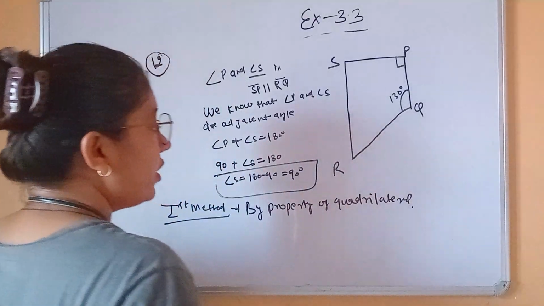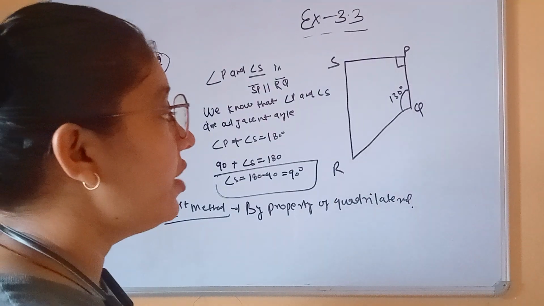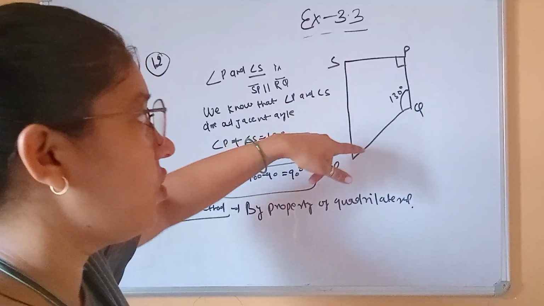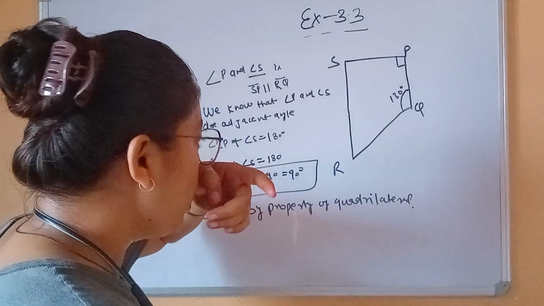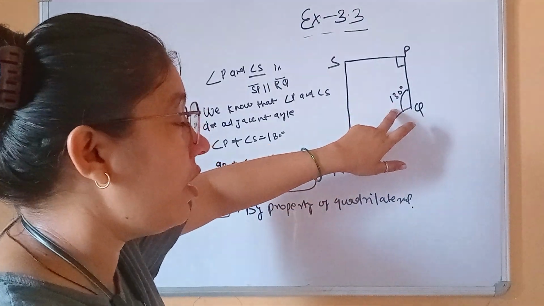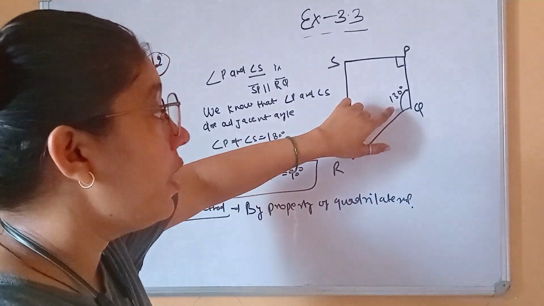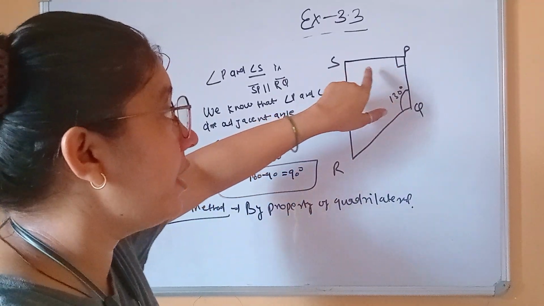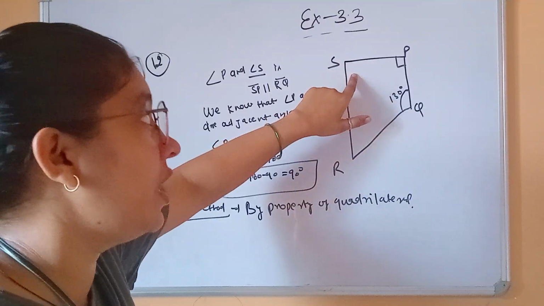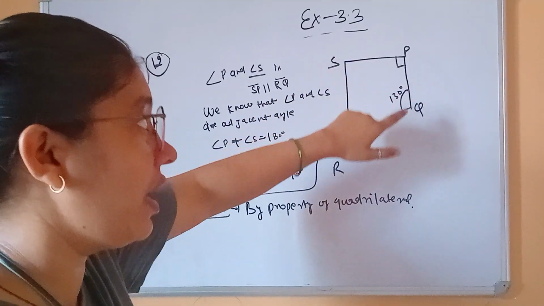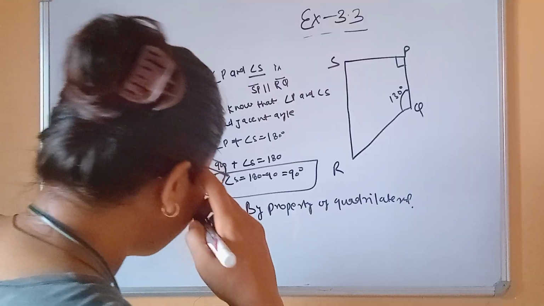If you don't know the property, it says that in a quadrilateral the summation of all angles is equal to 360 degrees. Here angle Q was given before in the question, angle P is 90 degrees, and we found angle S is also 90 degrees.